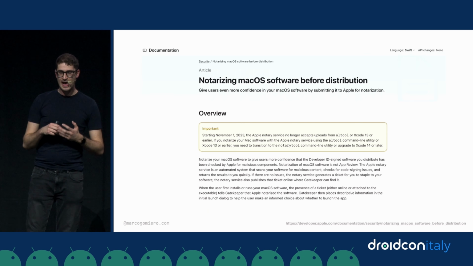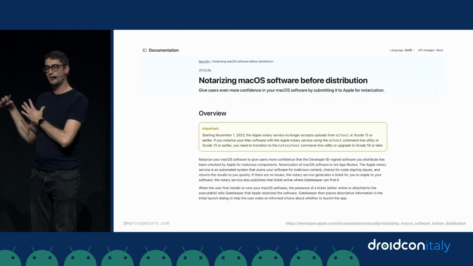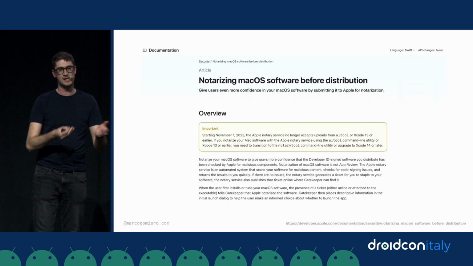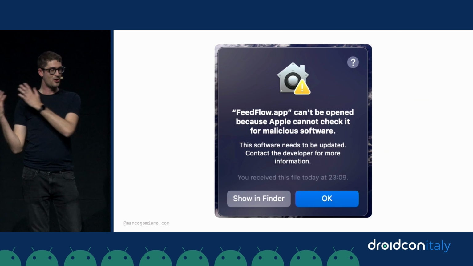After doing this process, Apple will know about your app. So all the Gatekeeper and security stuff in the macOS system knows that this is not malware, this is a real app, and you can install it. If you don't do that, you're going to see this.